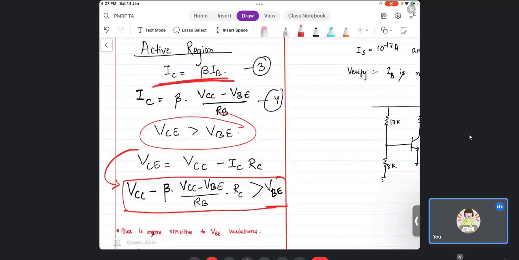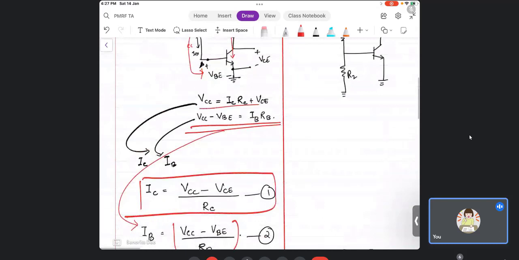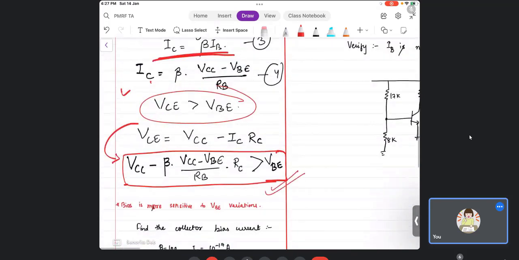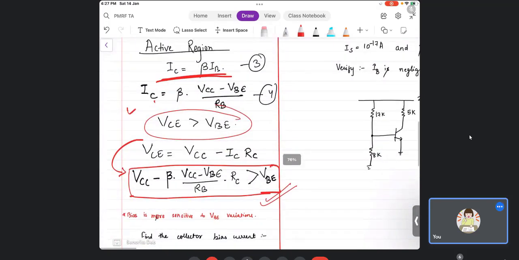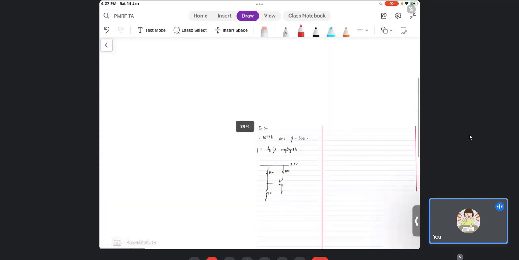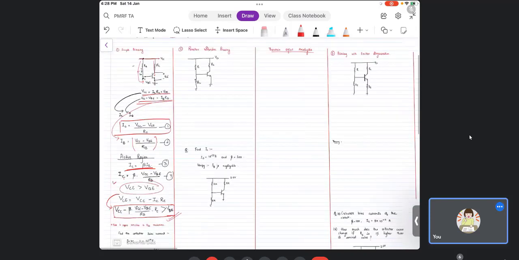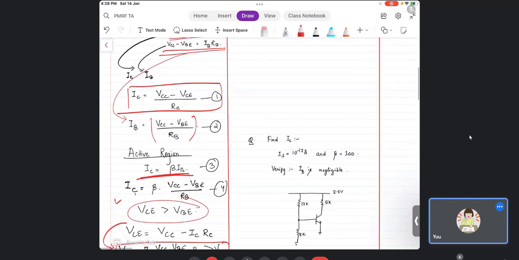Because VCC I know is this, VCE I know is VCC minus ICRC, and IC I have found from equation 4. So I have come to this equation. Please ignore whatever is on the sides, we will go to that, but please take a note of the KVL equations I have written.